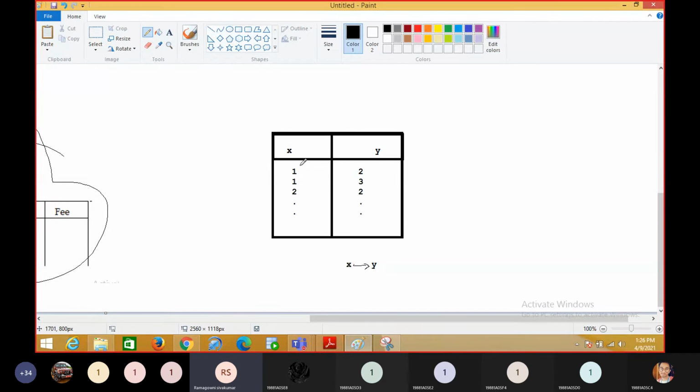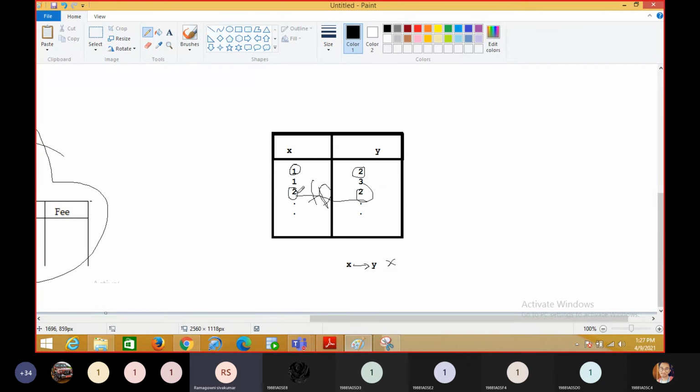X having one value, y having two values. So that means what? It is not satisfying functional dependency. See here, x having 2 and y having 2. So that means it's satisfying functional dependency. Here we have functional dependency.